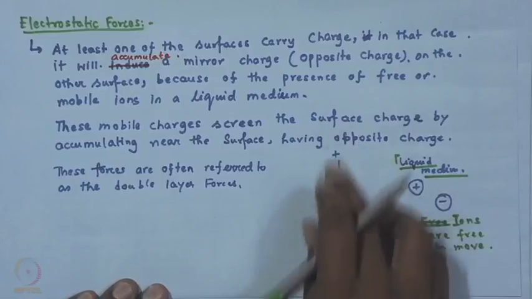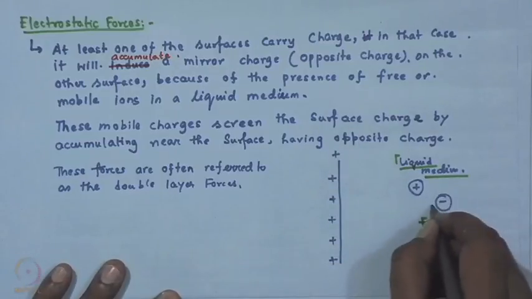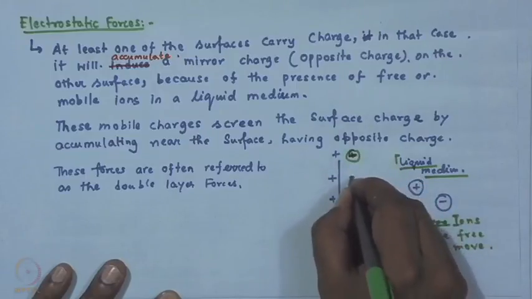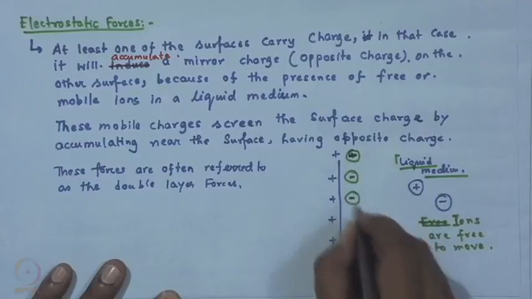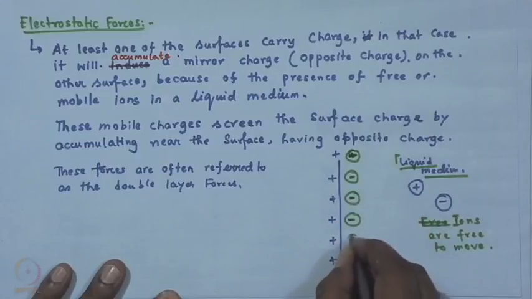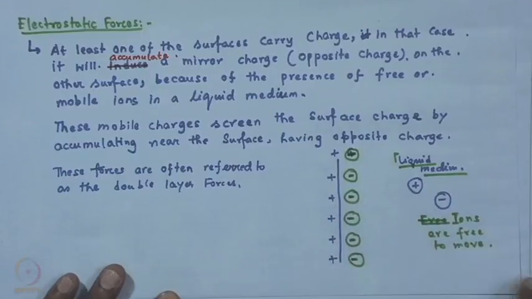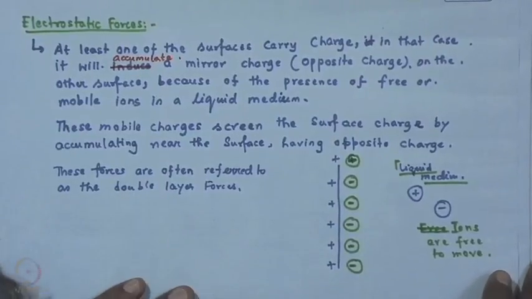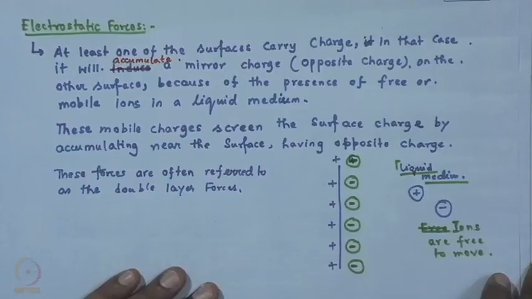The surface has positive charge, so the negatively charged ions will migrate close to the surface and form a layer close to the surface.